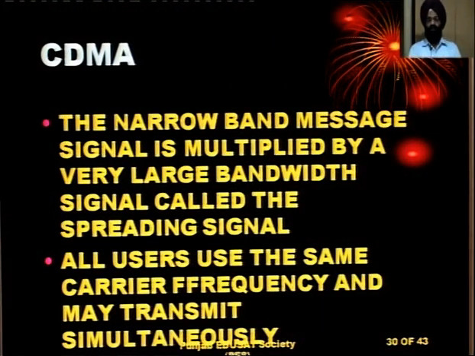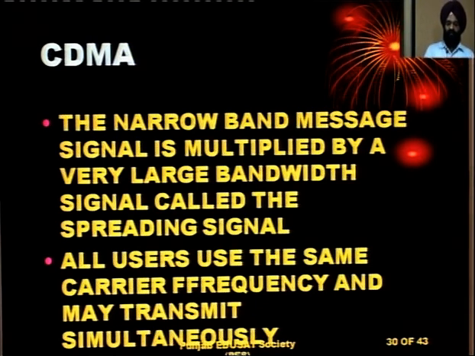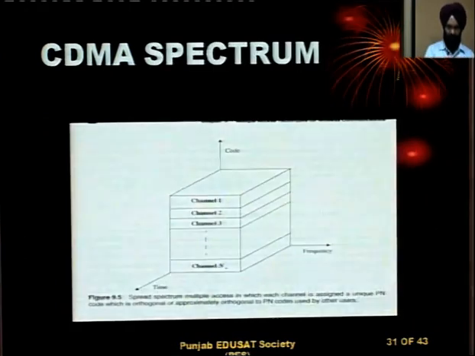The narrow band message signal is multiplied by a very large bandwidth signal called the spreading signal. All users use the same carrier frequency and may transmit simultaneously at the same time.